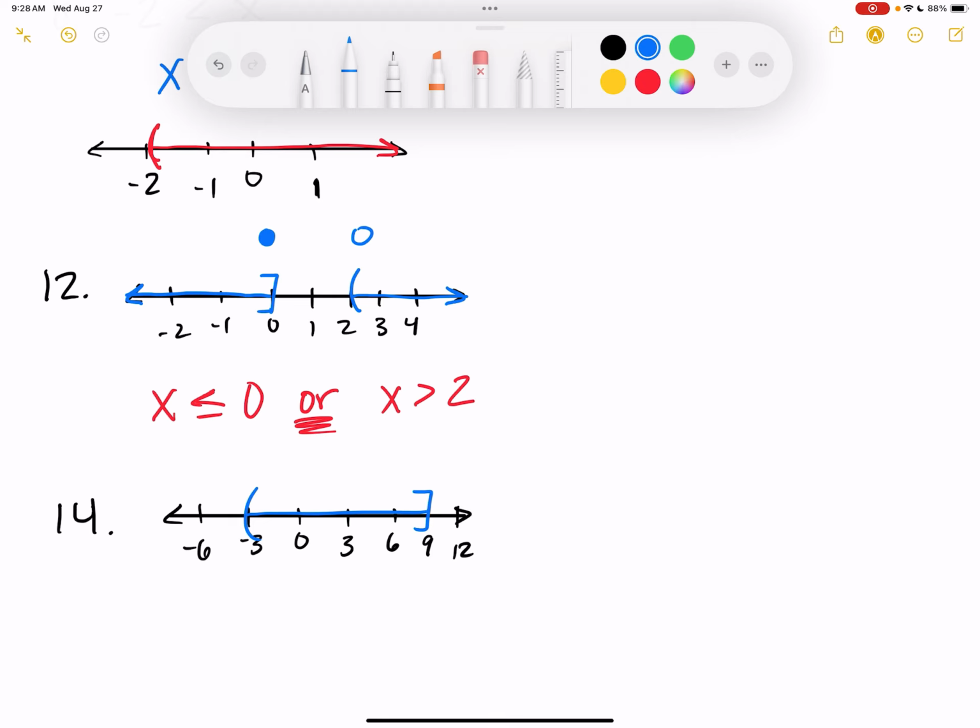So which type is this one? We know that x is going to be in the middle. So x is greater than, just greater than -3, so -3 is less than x, and then is less than or equal to 9. If it's facing inward, your variable should be in the middle.